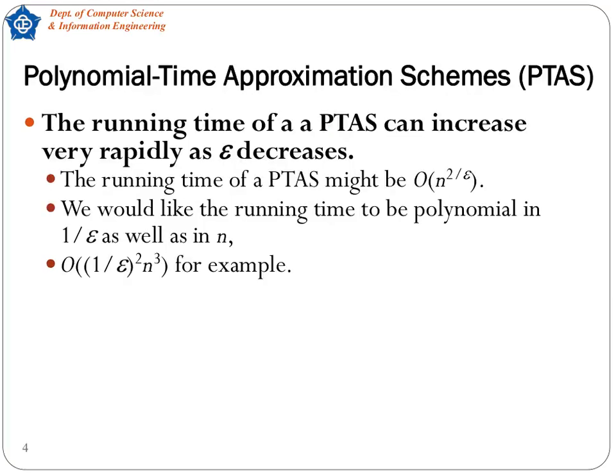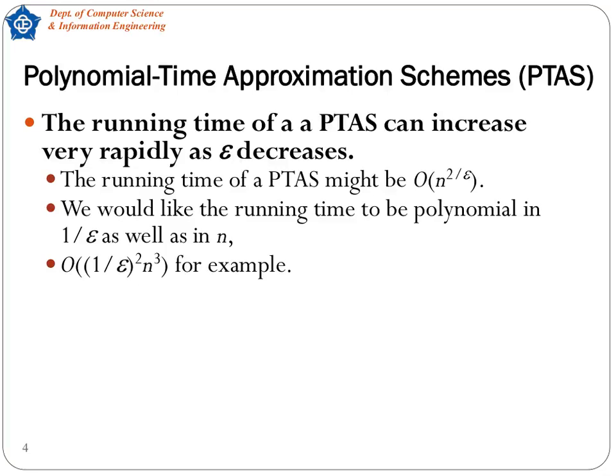Building on our discussion of approximation schemes, let's dive into polynomial time approximation schemes, or PTAS. These algorithms let us get arbitrarily close to the optimal solution by choosing a small epsilon. But watch out, as epsilon shrinks, the running time can explode. For example, a naive PTAS might run in time on the order of n^(2/epsilon), which grows exponentially in 1/epsilon.